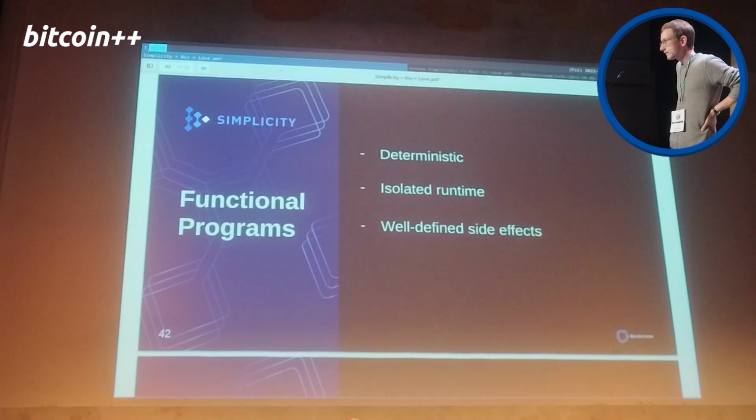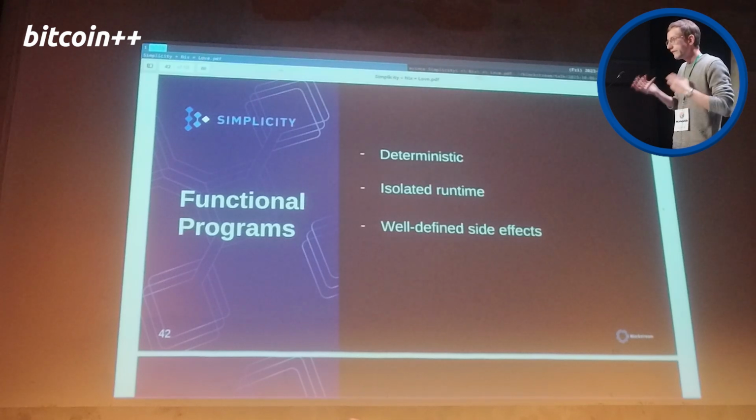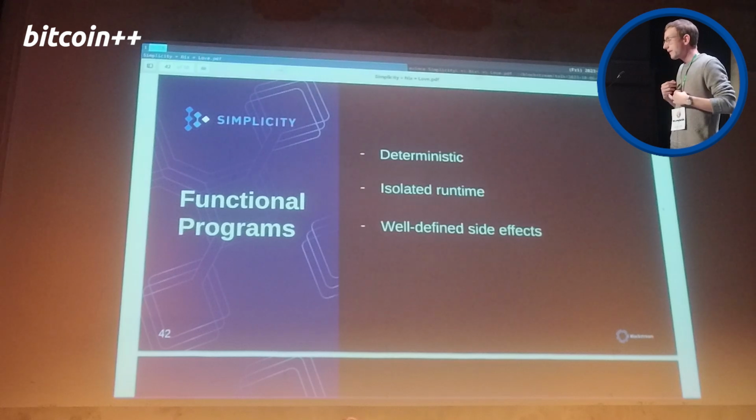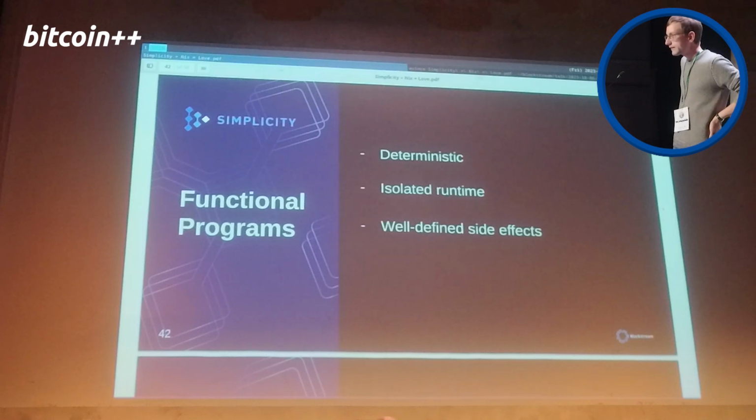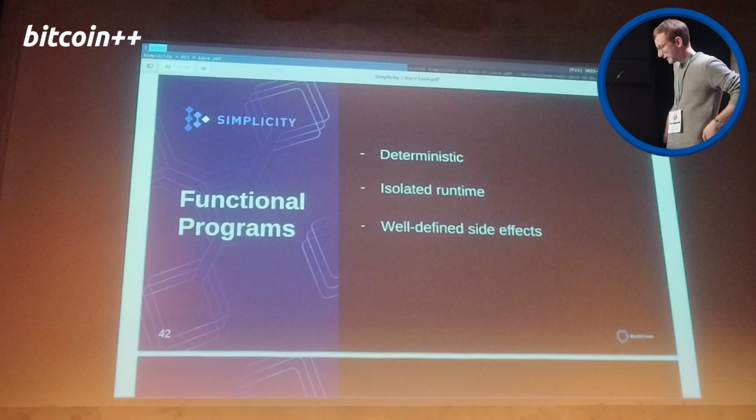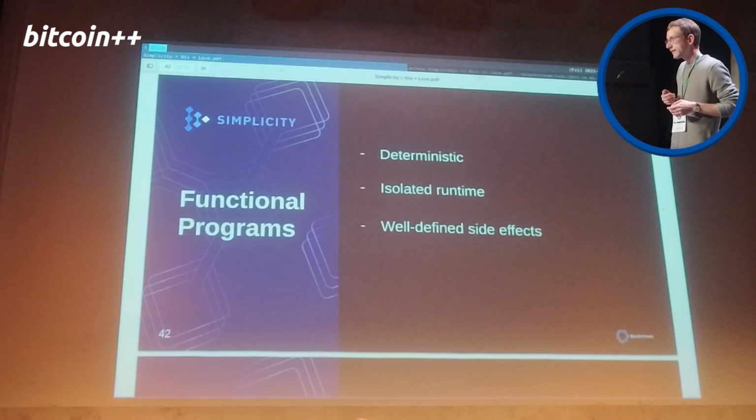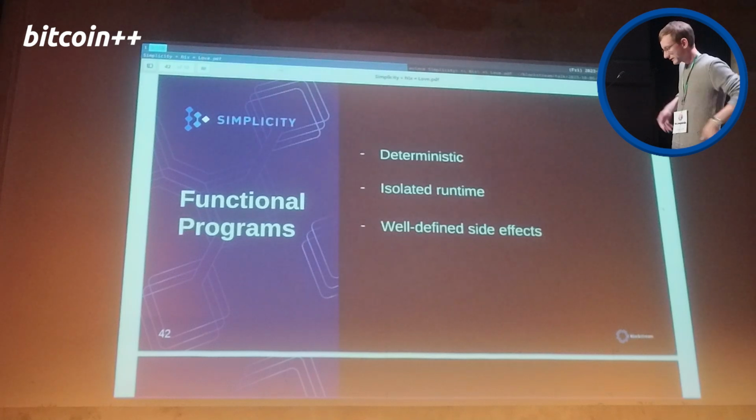The only side effect it has is that programs might fail. There might be an assertion in the program that fails, like a signature check can fail. That's a side effect. Or it reads from the current transaction, so it reads a signature hash from the transaction. That's also a side effect that simplicity can have.